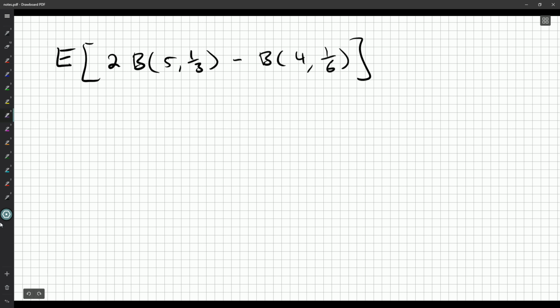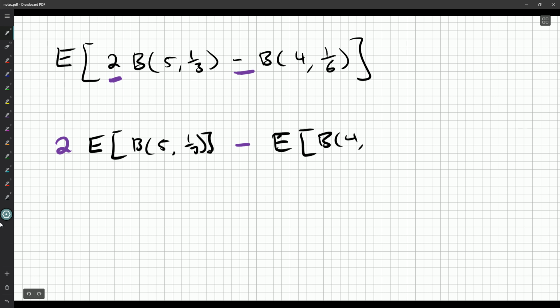So now we can take our constant 2, and our constant negative 1, so we just leave it as a minus sign, and those can come out. And we're left with the expected value of a binomial random variable minus the expected value of another binomial random variable.